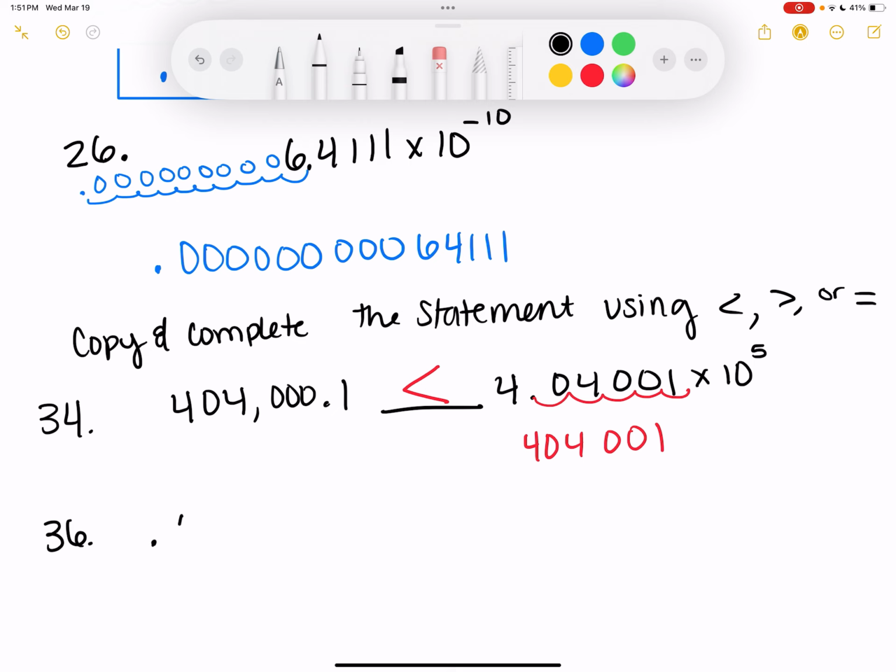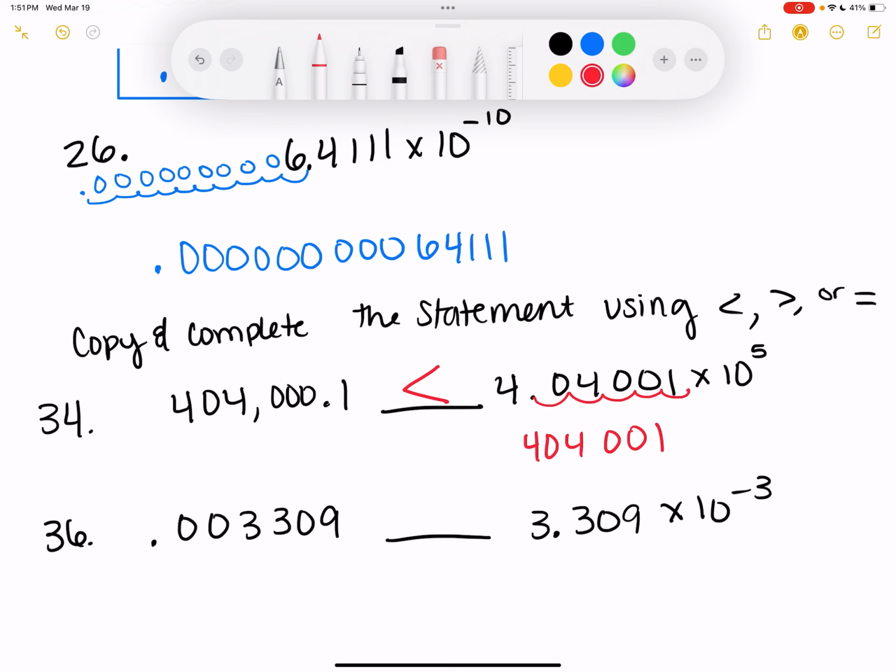Point 0.03309 blank 3.309 times 10 to the negative 3. So again, I would recommend we write in standard form. I think you're going to do better with that. It's fine if you want to do it the other way, but I think you'll do better overall in standard form.